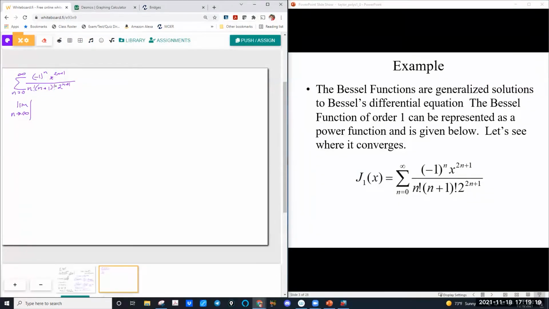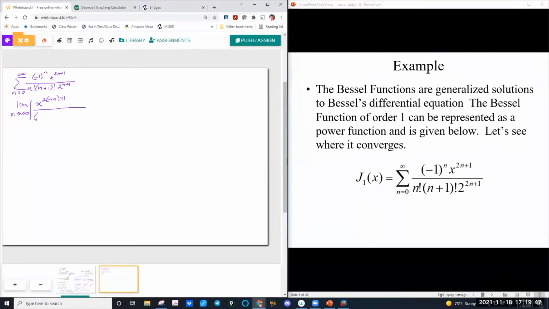Now, first thing is to put in n plus 1s every place there's an n. And I want to point out a couple common mistakes I see on this. So this one, this is going to be x to the 2 times n plus 1 plus 1. And we're going to have to distribute that too. So a common mistake is just to add 1 to this. You'll see how this ends up coming out in this way.